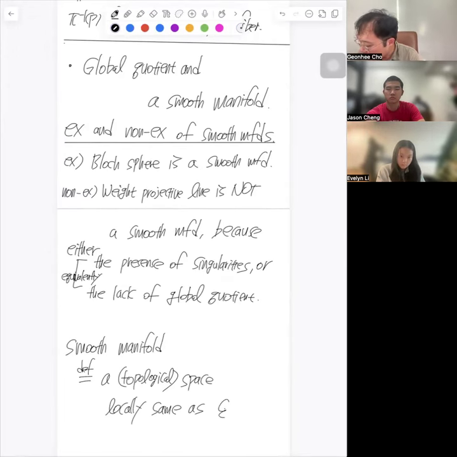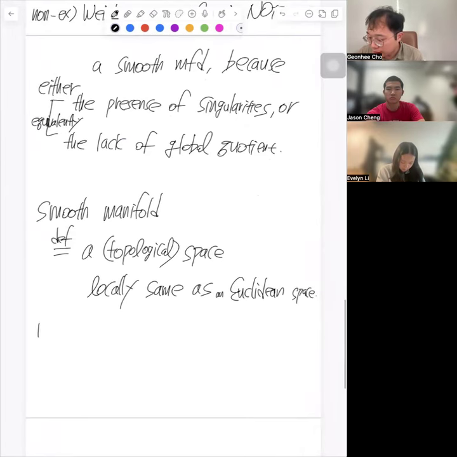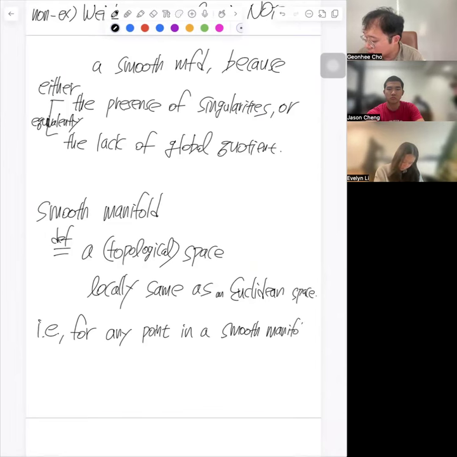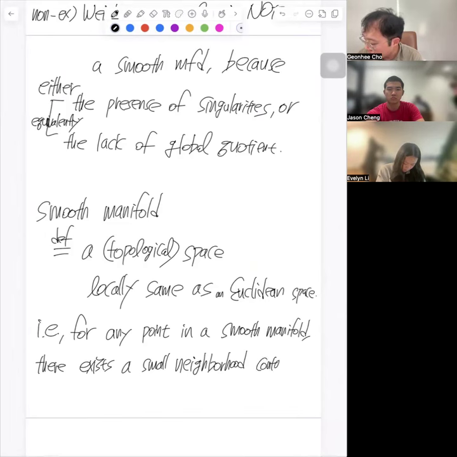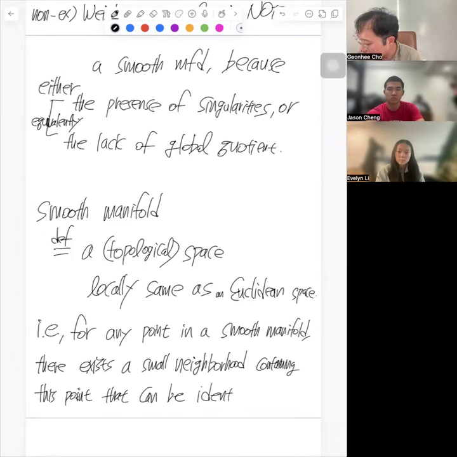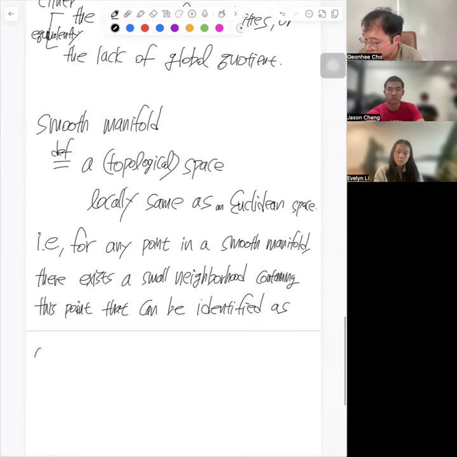This is the definition: for any point in a smooth manifold, there exists a small neighborhood, at least, containing this point that can be identified as a small ball in R^n.